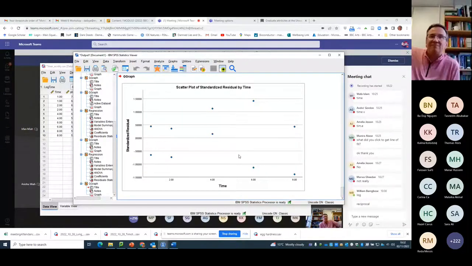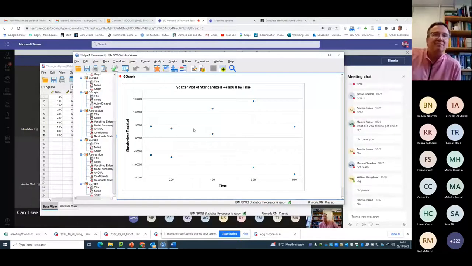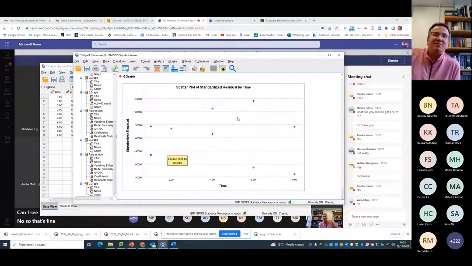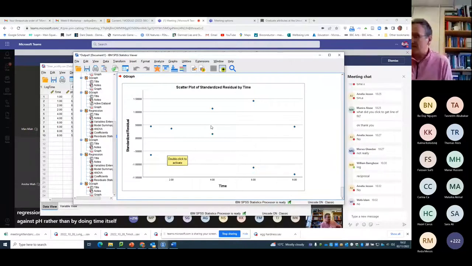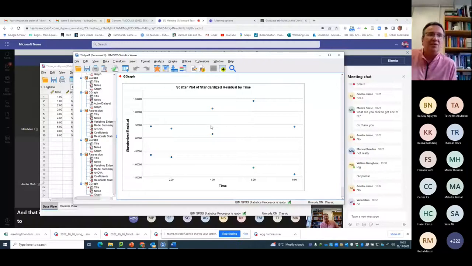Can I see the curved thing that I saw before? No, so that's fine. So now I've done the right regression by doing the logarithm of time against pH rather than by doing time itself. So that's an example of doing linear regression on a transformed variable. And that is as much as I want you to be able to do at this particular point.